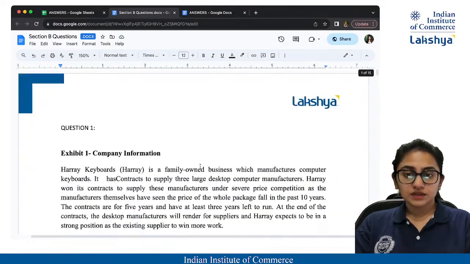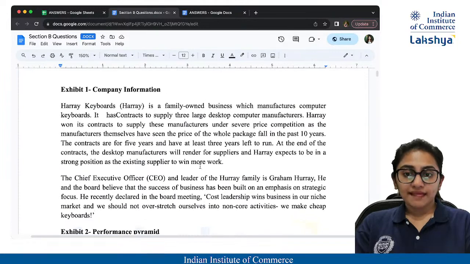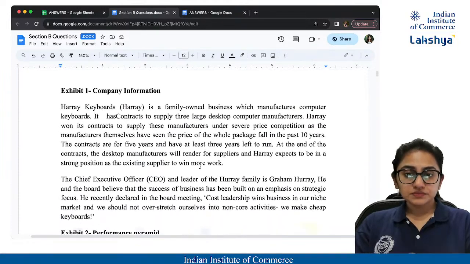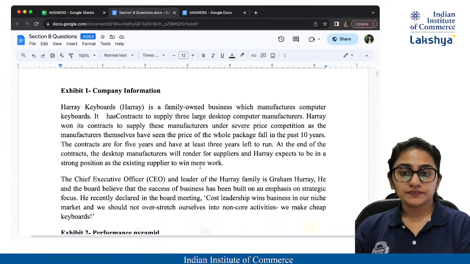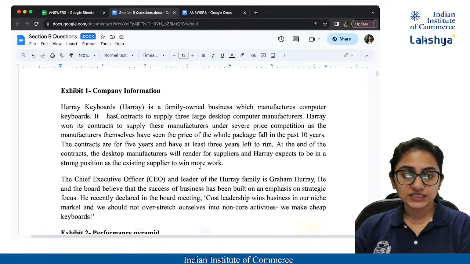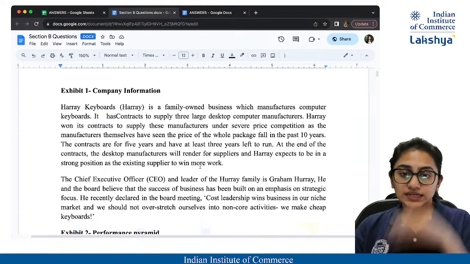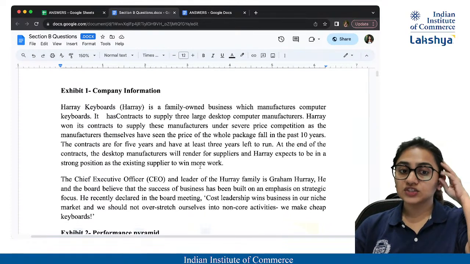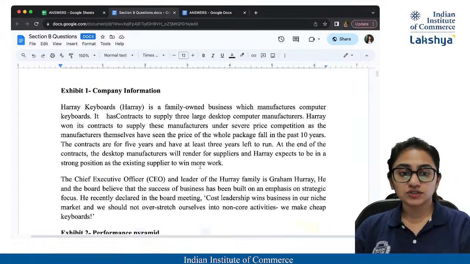Okay, so let's read. Exhibit 1, company information. Harry Keyboards. Harry is a family owned business which manufactures computer keyboards. It has contracts to supply 3 large desktop computer manufacturers.